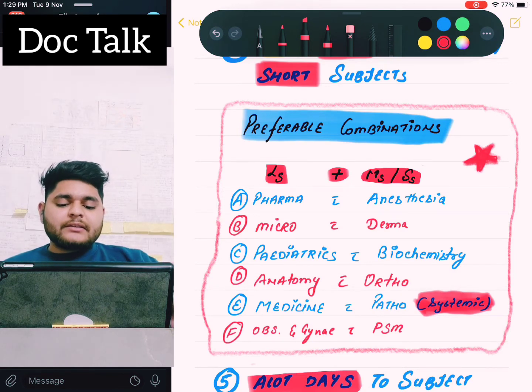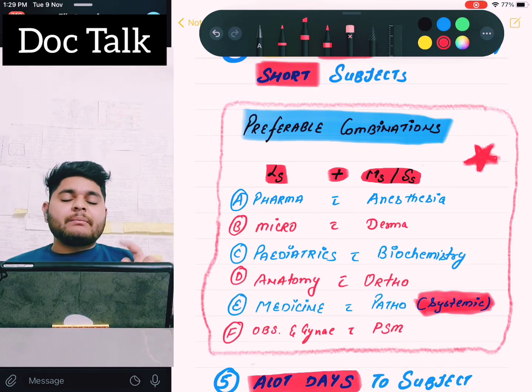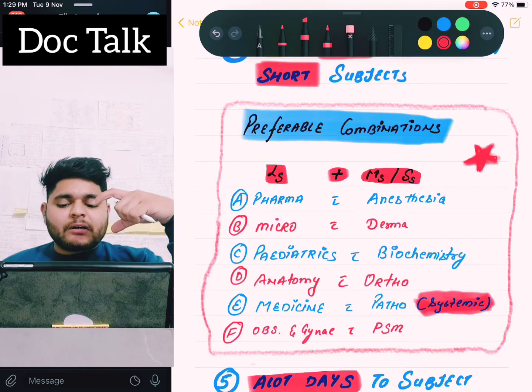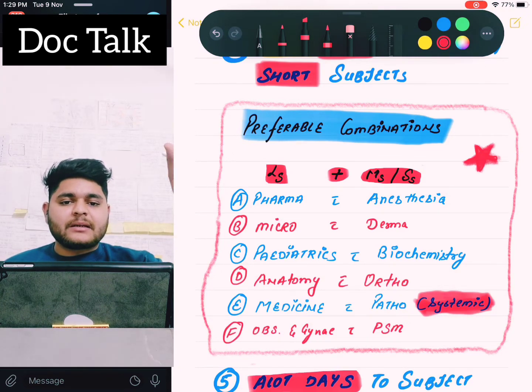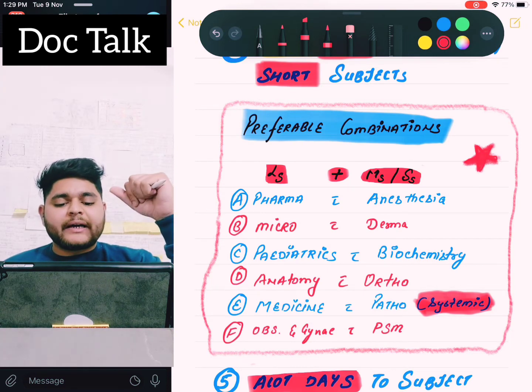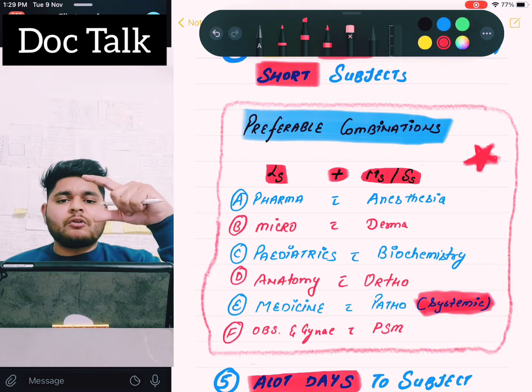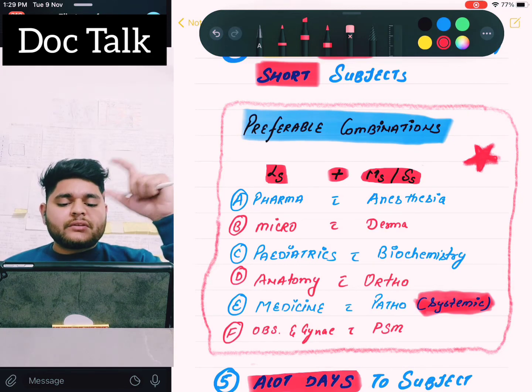Then the last combination that I will suggest is obs-gynae with PSM, and this is another kind of bizarre combination, but it is beneficial because in obstetrics you come across some schemes, which are also seen in PSM, and there is proper maternal and child health in PSM, which is also in obs-gynae, or specifically in obstetrics, not gynae. So this is also a combination.